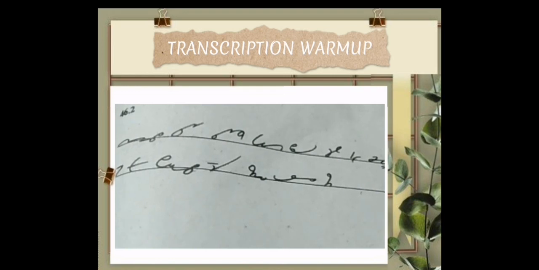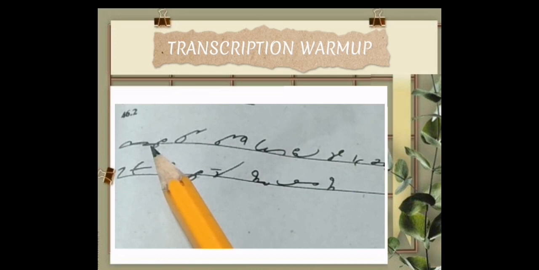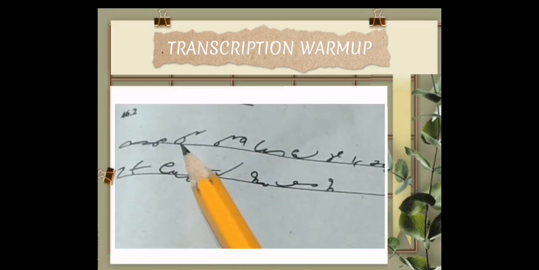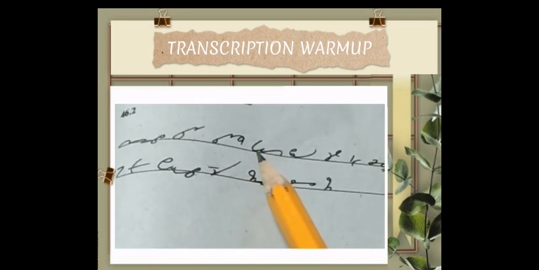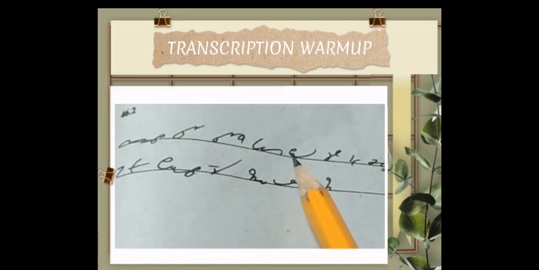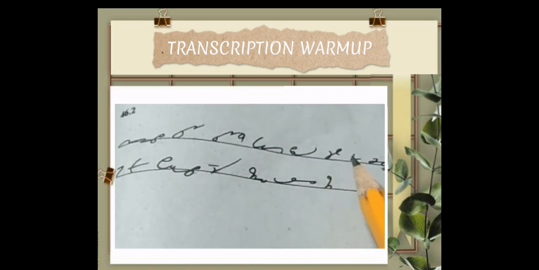Transcription warm-up 46.2. First outline we have here community. Next is adult, silent L, education, program, excelled, cities, 1000, Wednesday, 7 p.m., approximately, interested, as you know, let me, and if you.